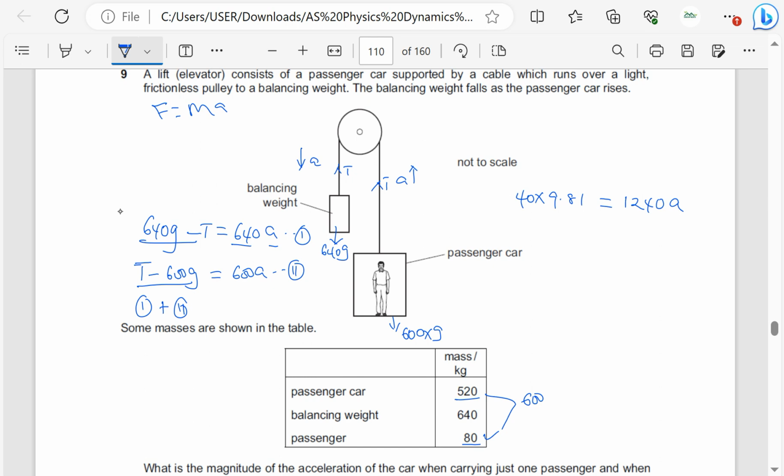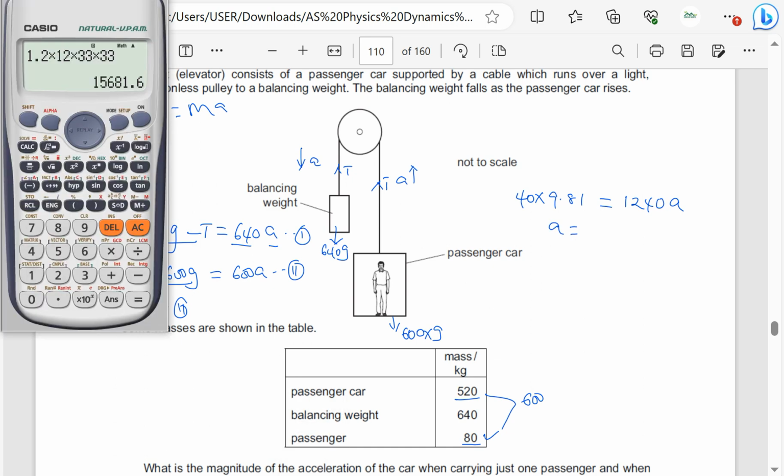So here I got 640 g plus negative 600 g, which gives me 40 times g. So the acceleration here is going to be equal to, I'll just press the calculator, 40 times 9.81 divided by 1240.